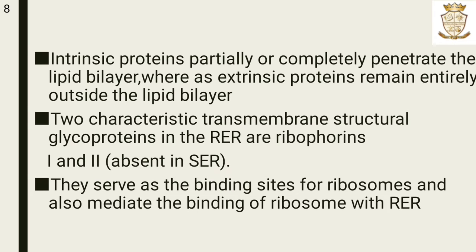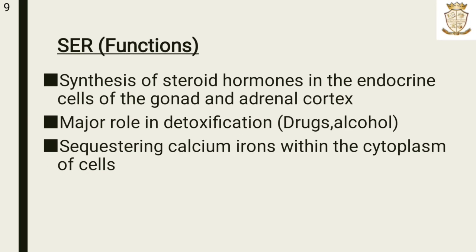Intrinsic proteins partially or completely penetrate the lipid bilayer, whereas extrinsic proteins remain entirely outside the lipid bilayer. Two characteristic transmembrane structural glycoproteins in the rough endoplasmic reticulum are ribophorins 1 and 2. They are absent in smooth endoplasmic reticulum. They serve as the binding sites for ribosomes and also mediate the binding of ribosomes with rough endoplasmic reticulum.